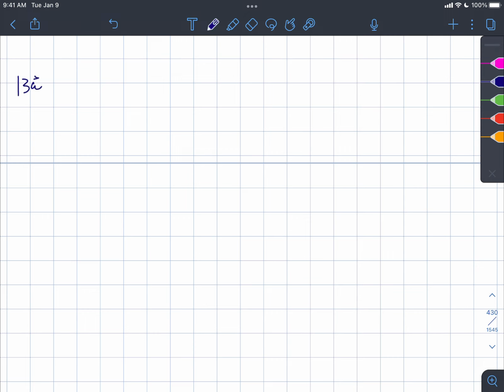So 3a minus 2b, I'm just going to write it again here to remind myself that this is equal to 20. Then we do the whole spiel, which is to write it in horizontal and vertical components. In that form, it's going to look like this. That's equal to 20.